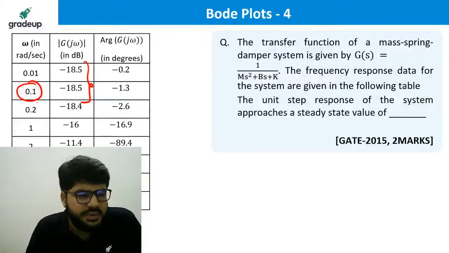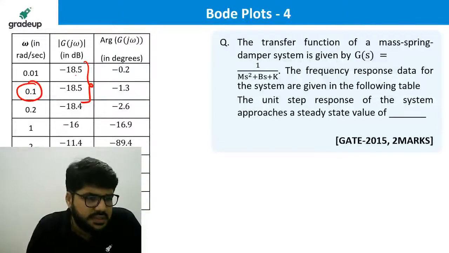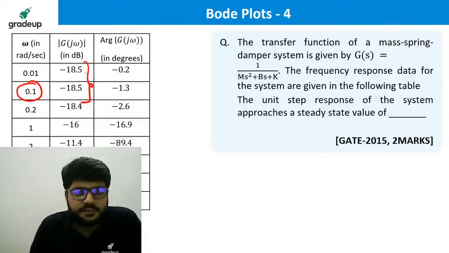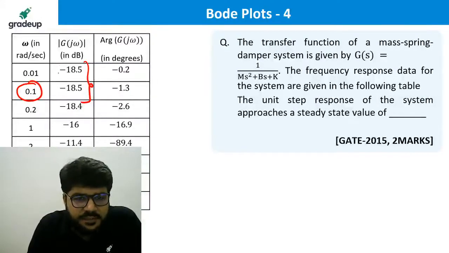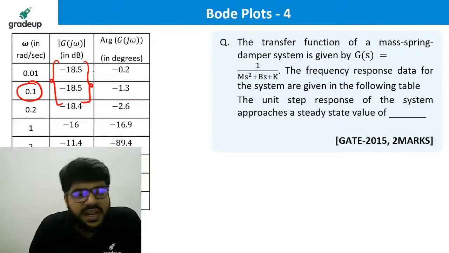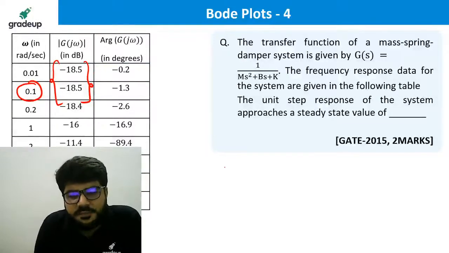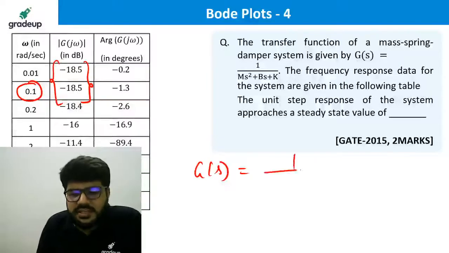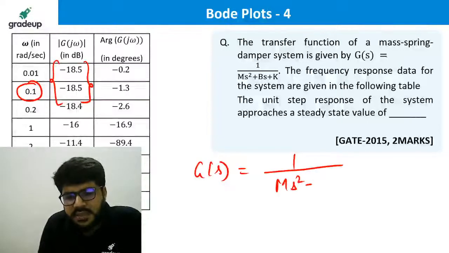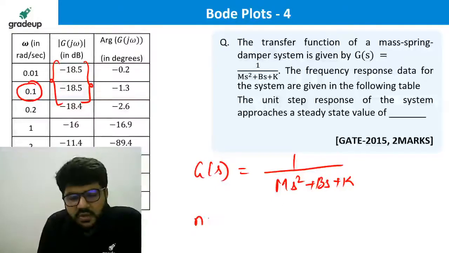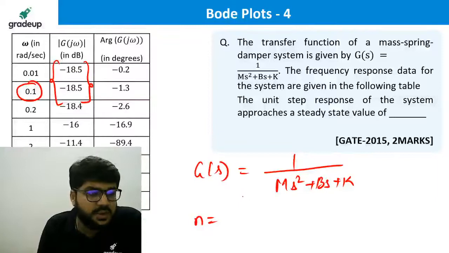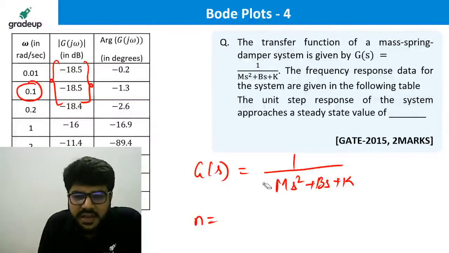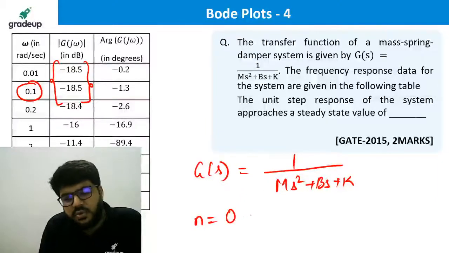Yes, Nihar, approximately correct. That's good. Jyotsna, not the correct answer. This is just constant. Now, why is it constant? If you relate with the Bode, G(s) is 1 upon ms square plus bs plus k. So what is n equal to? Number of poles at origin. There is no separate s power n term, so n is equal to 0.